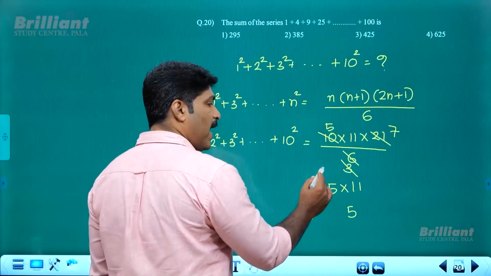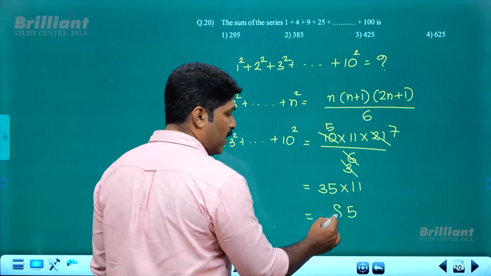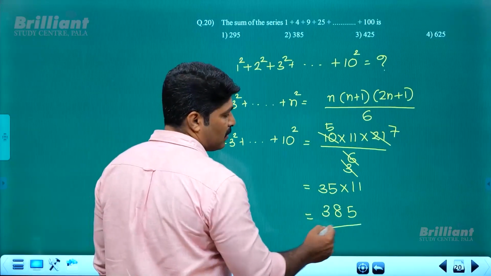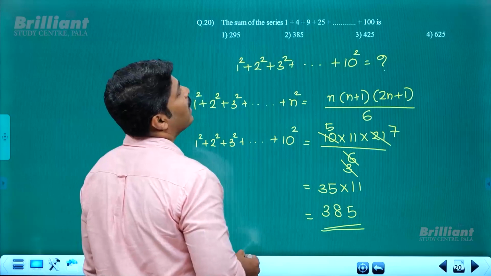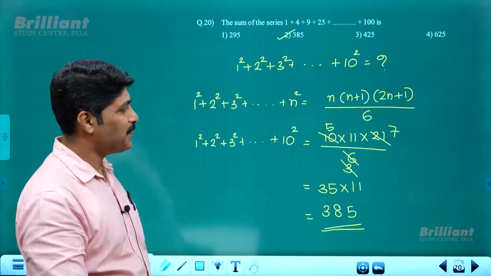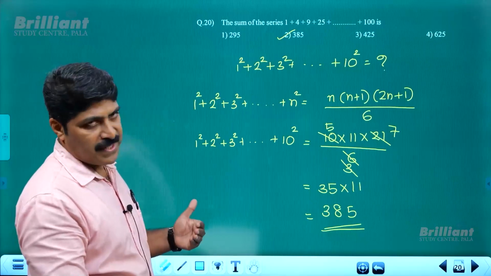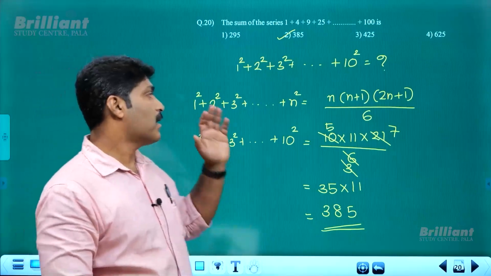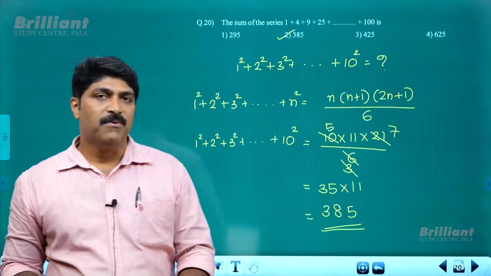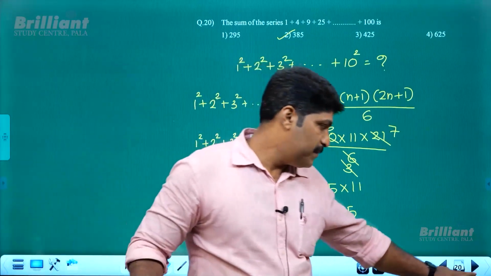Then next step, add 3 and 5, that is 8. Then write the leftmost digit, that is 385. So the answer is option 2, that is 385. This is a way of simplification, right? So understand and keep that result in your mind: the sum of the first n natural squares.